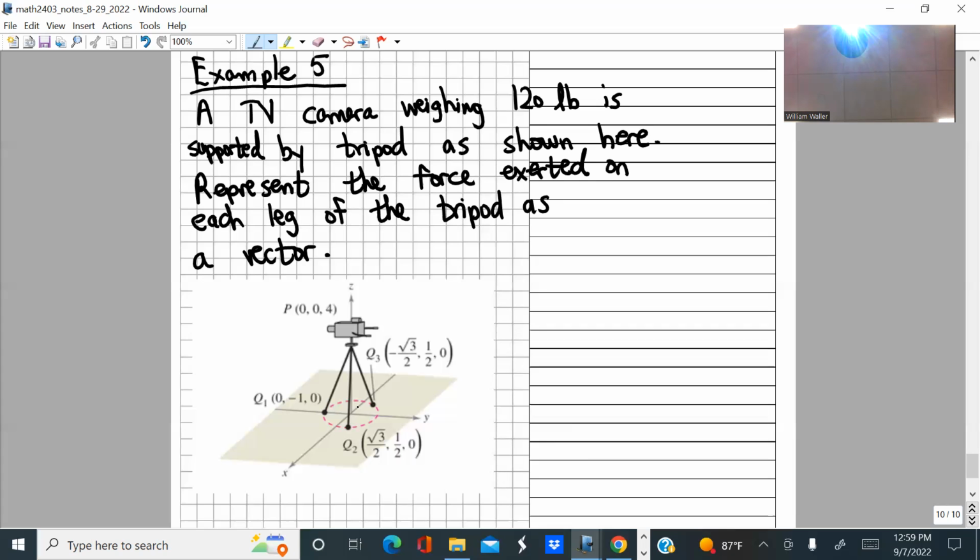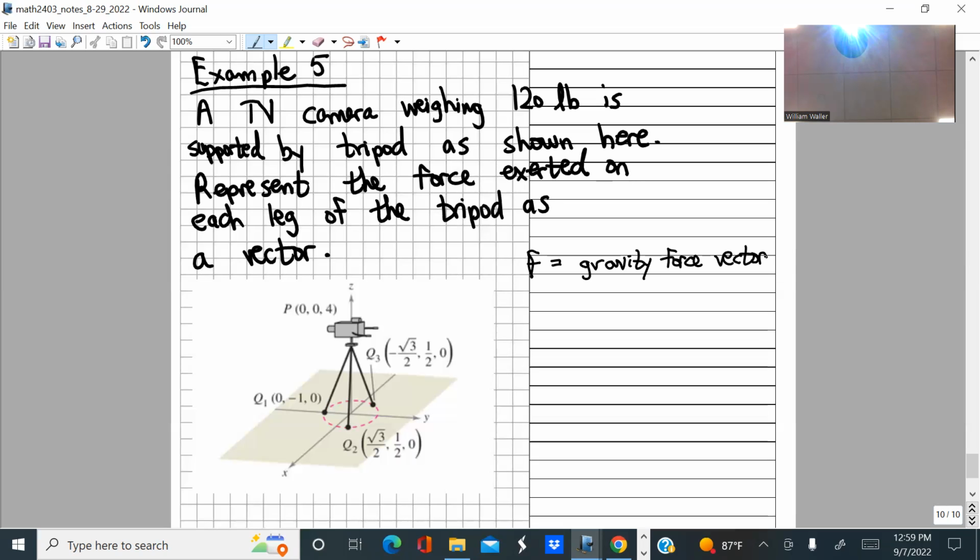We'll get to that. That's kind of the big vector here. Let's call that F for force, the gravity force vector, just the gravity working directly on the camera.